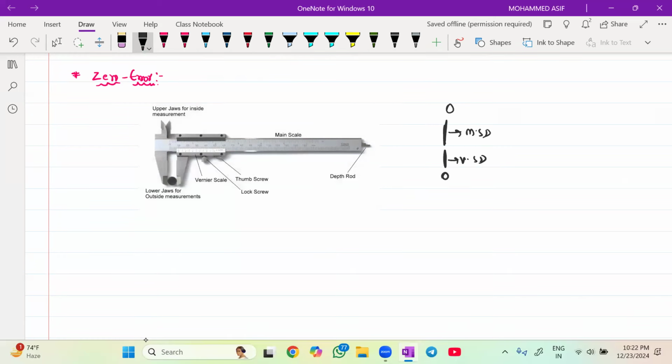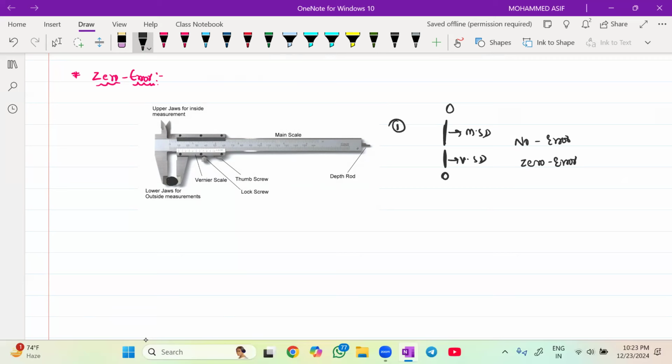If both of them are coinciding, then there is no error. This is the first point. Am I clear? When this object is not present, if I remove this object, if I close this one, and the zero of the Vernier scale is coinciding with the zero of the main scale, so what will be the error of that one?